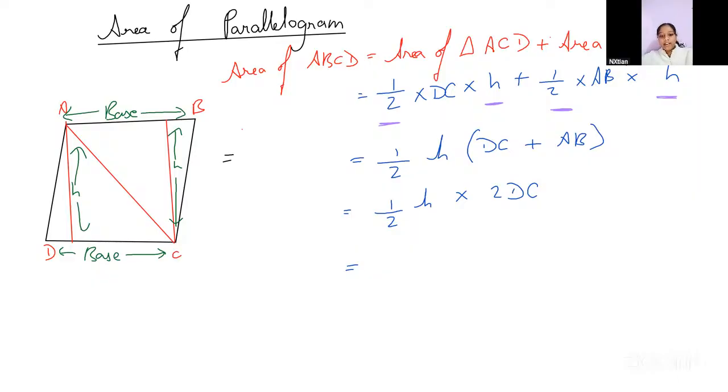We are deriving where that comes from. Because DC and AB are the same, we can write 2 DC. 1 upon 2 H into 2 DC. The 2 and 2 cancel and it becomes height into DC, or height into base.